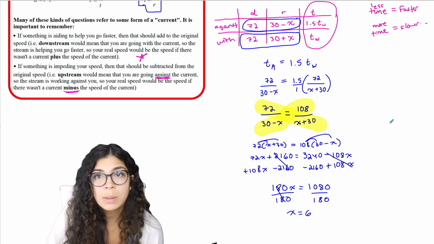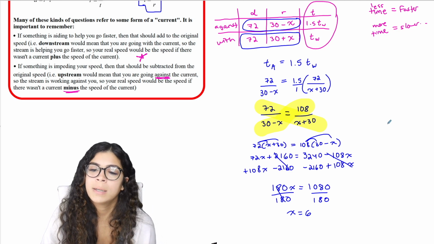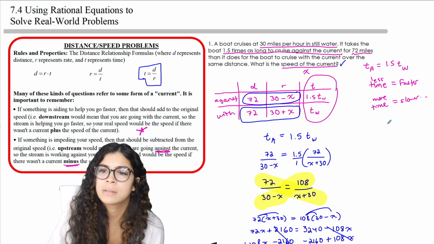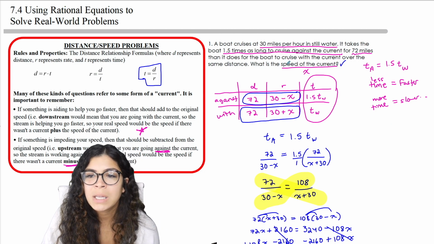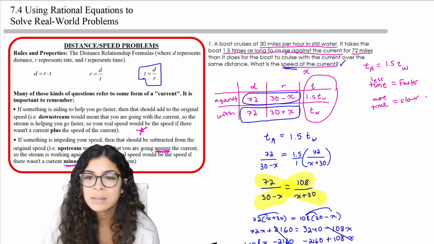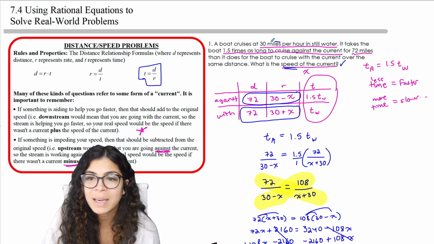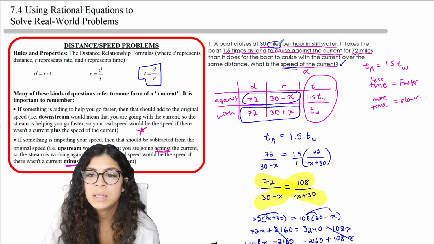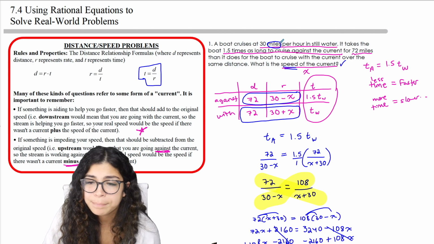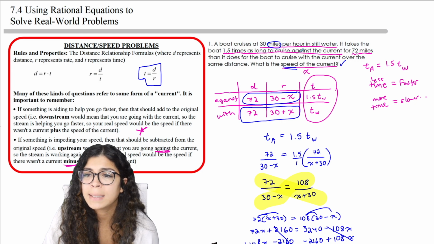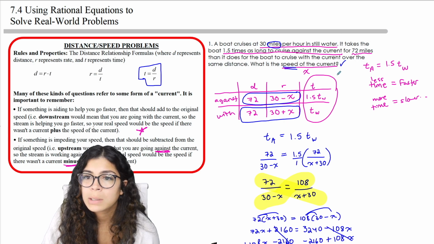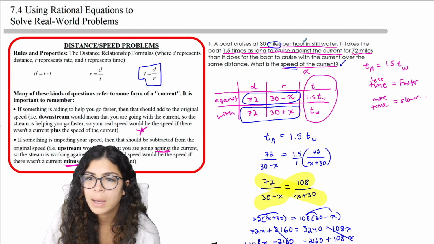Now this is a real world problem, so we have to say what it is. Is it 6 potatoes, 6 tomatoes? It's the speed of the current, okay? The distance is measured in miles, and the time is measured in, it doesn't say what the time is, hours.